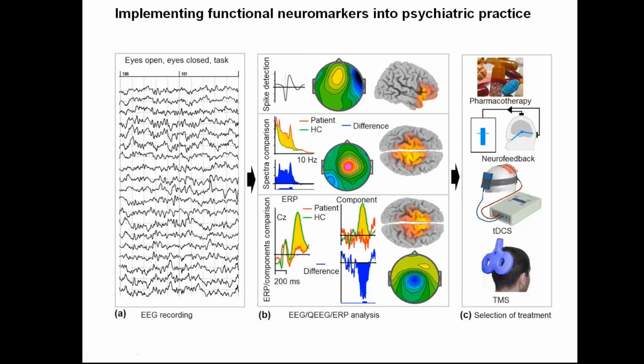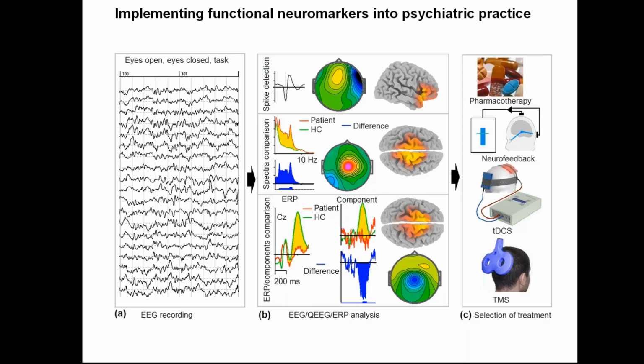The next step is to compute event-related potentials in the task. Again, the task has to be selected on the basis of the problem. If the problem lies in the cognitive control domain, then you select the go/no-go task. Then you can select different components from the event-related potentials, and you can say which component is impaired.